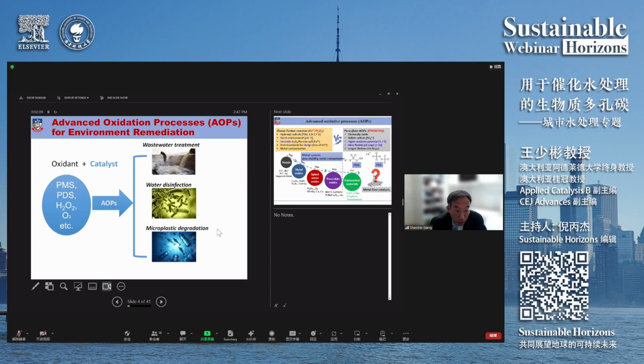For oxidation, we need to have a very good oxidant to produce reactive oxygen species so that it can help to remove all the contaminants. For the oxidants, typically we can have nitrogen oxide and some of the new oxidants.